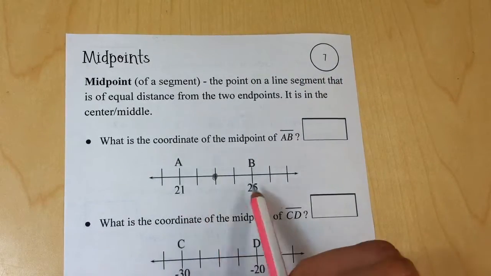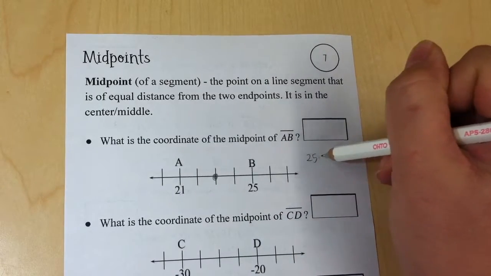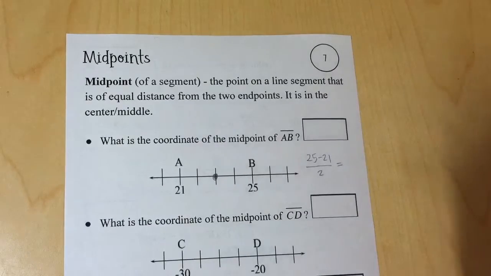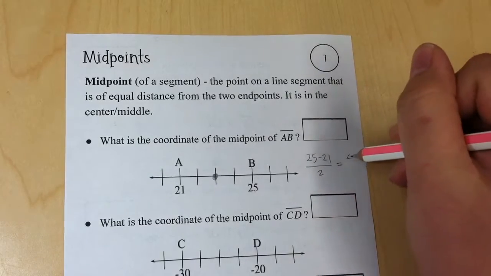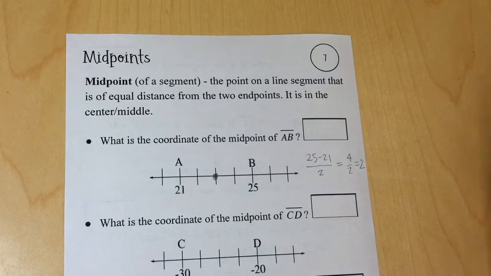So here's 21, here's 25. So I can do 25 minus 21, divide 2. 25 minus 21 is 4, divide 2 is 2.